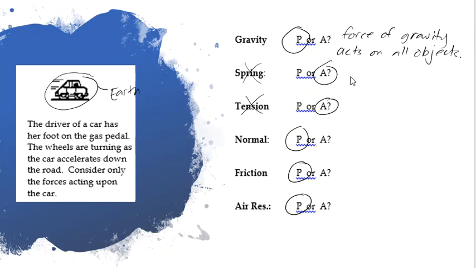Is there a spring? Okay, you might argue that, hey, the shocks are in there, but we're looking at the car as the entire system in here. So there is none. There is no spring touching the object, and there's no spring force in here. Tension. Is there tension in there? So it's absent.